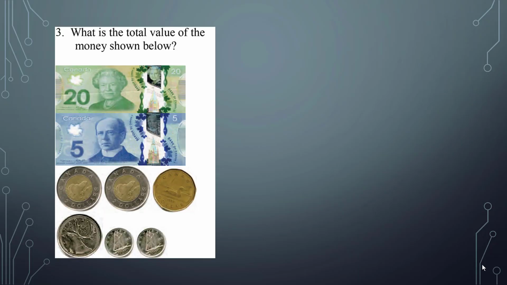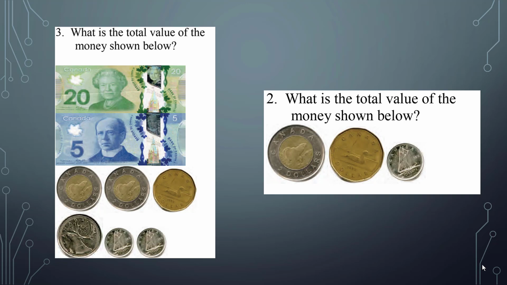Okay. What is the total value of the money shown below? Who's got this one? What is the total value of the money shown below? All right, so the first one, we've got a $20 bill, a $5 bill, and then we have 2, 2, and 1.